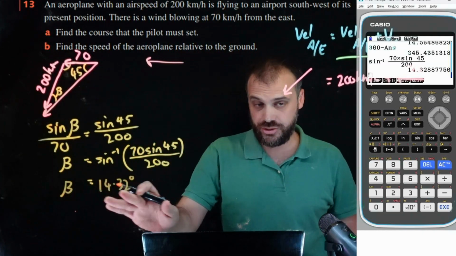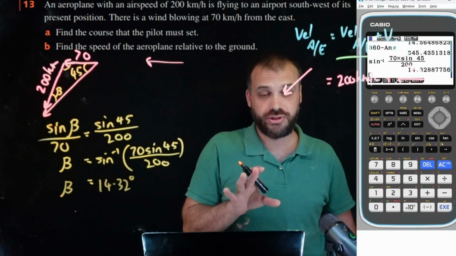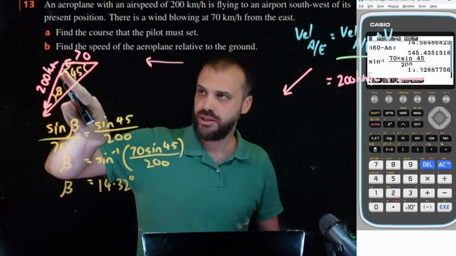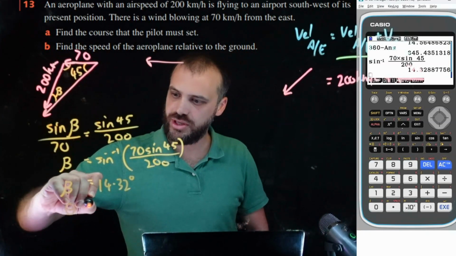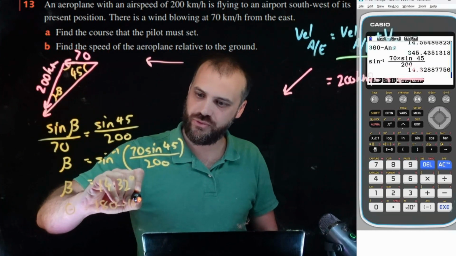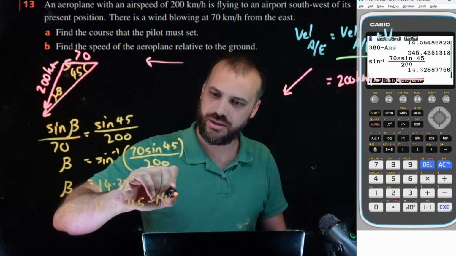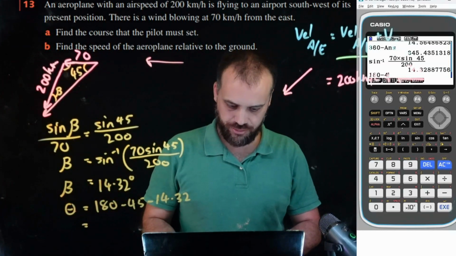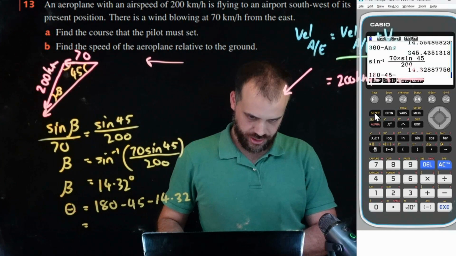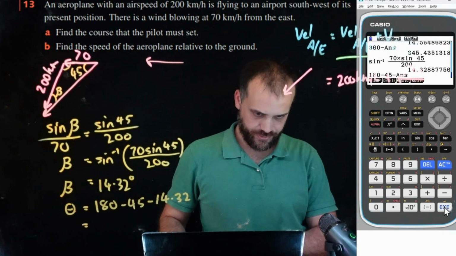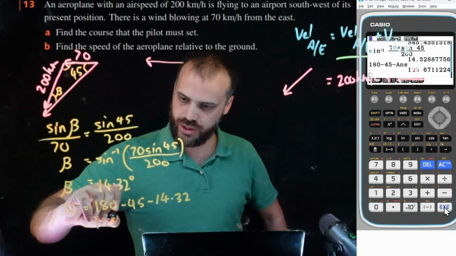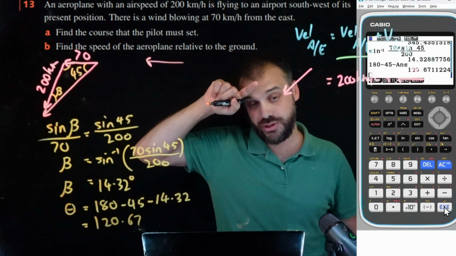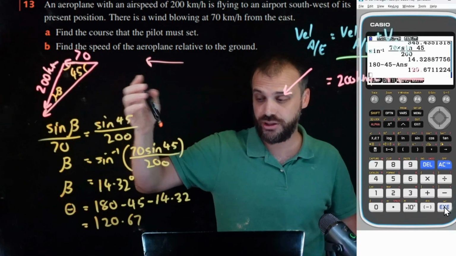Now that angle is not fully useful yet because that's beta, but I don't want beta, I want this one here. Let's call that theta. So theta is equal to 180 minus 45 minus 14.32, which is 120.67. That feels right.